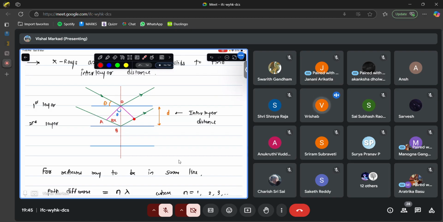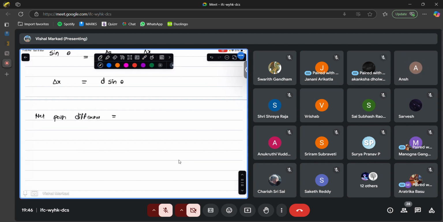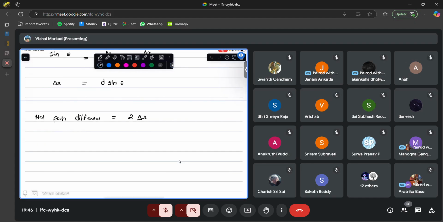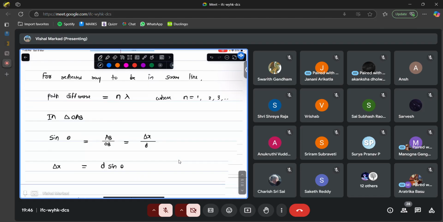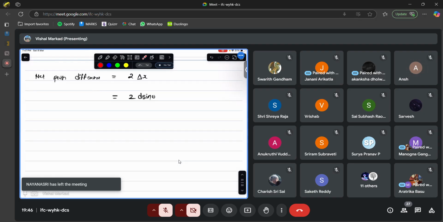Delta x here and delta x here. So net path difference is how much? 2 delta x, right? So can I write down here 2 delta x. Delta x value is how much? d sine theta. So 2d sine theta. And for the reflected ray to be in the same phase, total or net path difference will be equal to n lambda. So can I write down this? This will be nothing but n lambda.